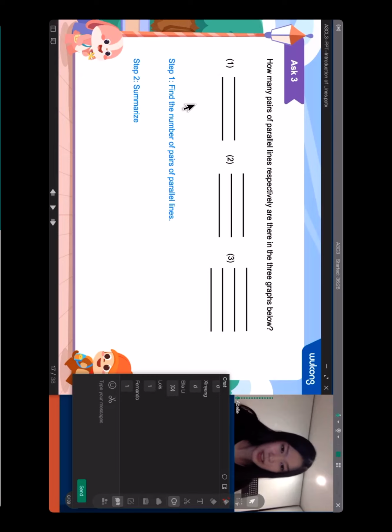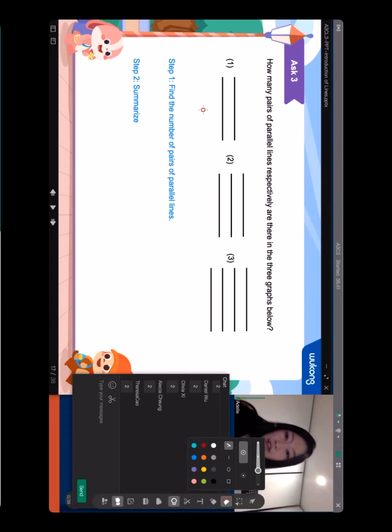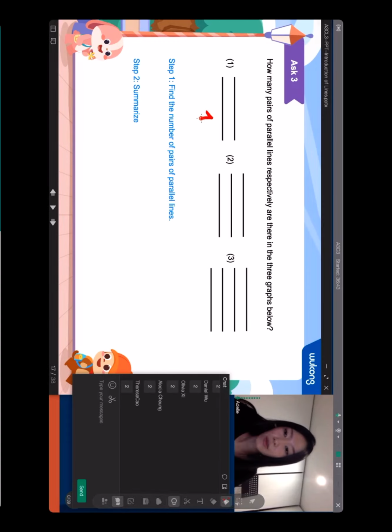One pair, yeah. Because how many lines do we need to form a pair? Good job, yeah, two, exactly. So we have two lines. That means we can only form one pair. Okay, so in the first one, our answer would be that there is one pair of parallel lines.